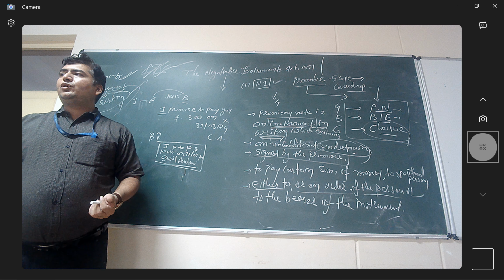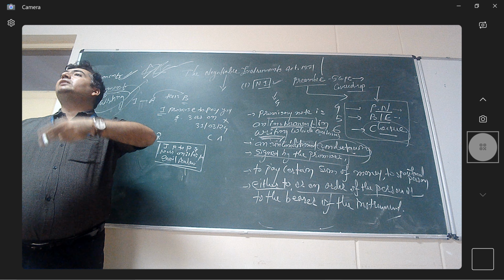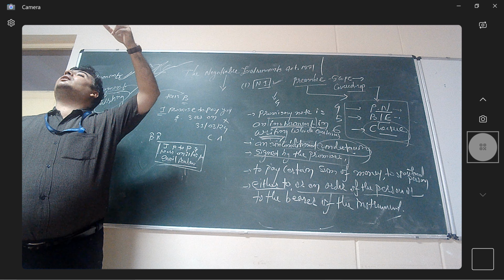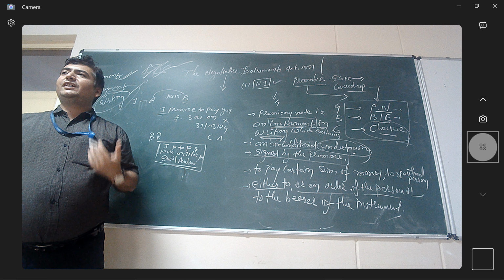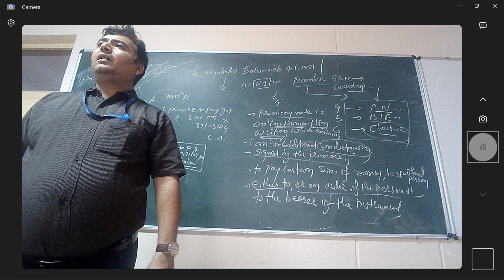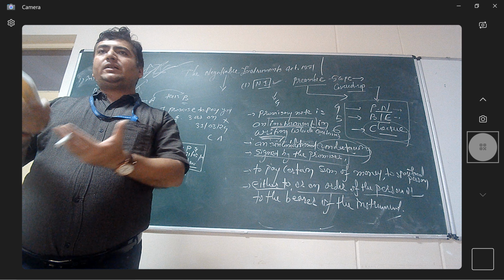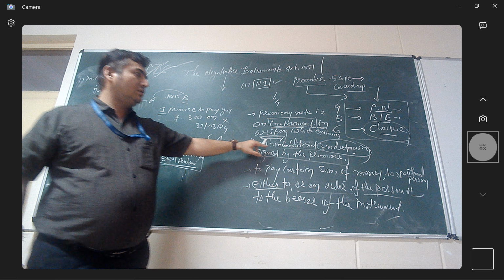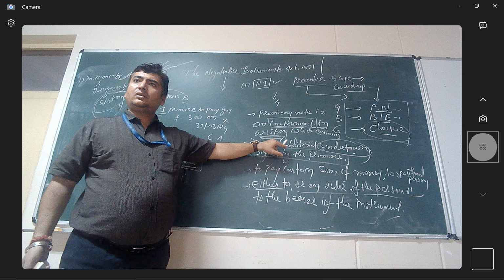CA was about to say it, but Deepak said it, right. Bitcoin, valid or not valid? If you put a condition, my dear students, it becomes what? A conditional promise. And a conditional promise doesn't make that paper a promissory note. But I am not saying that those promises are invalid. Those would be dealt with under the Indian Contract Act. The NI Act will not be applicable. Do you get what I am trying to say?